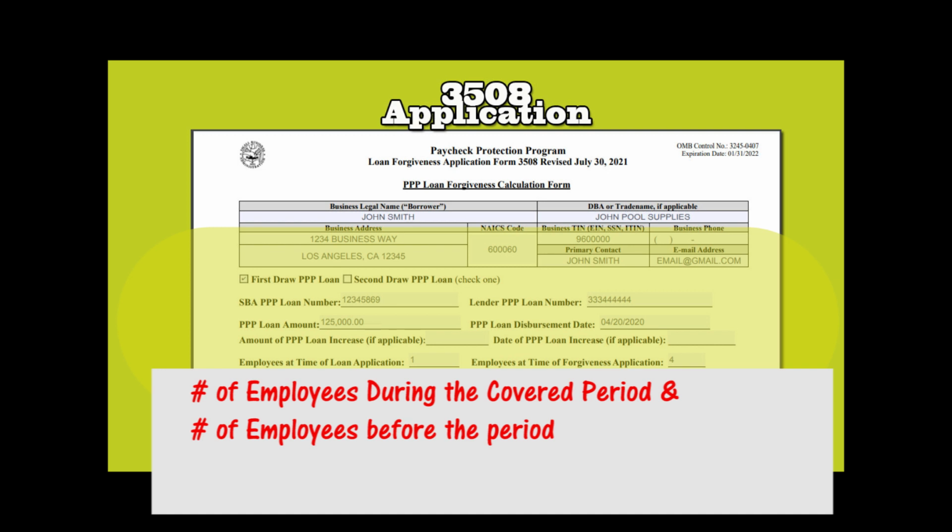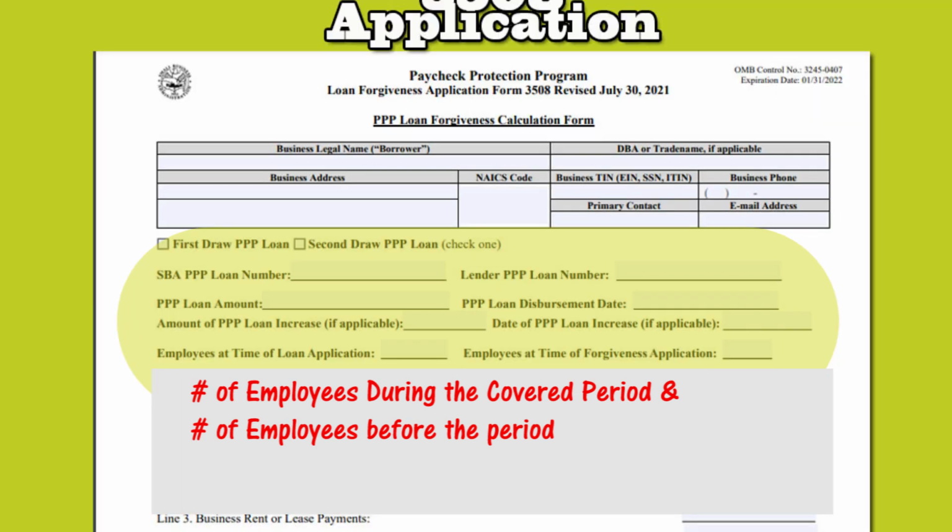And this is extremely critical when we get down to the PPP forgiveness worksheets, the Schedule A worksheet, okay? So, and the next is the employees at the time of forgiveness application. How many employees do you have at the time that we are submitting this application, or during the period of that application, this application, okay?